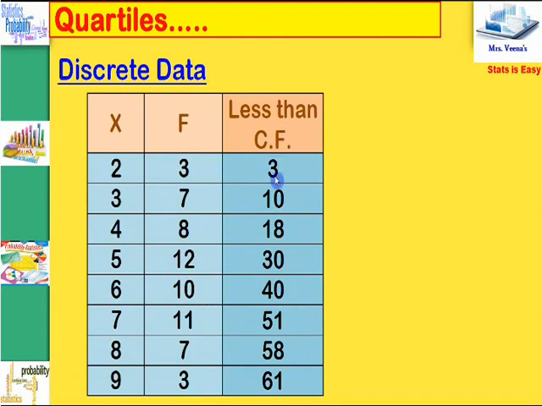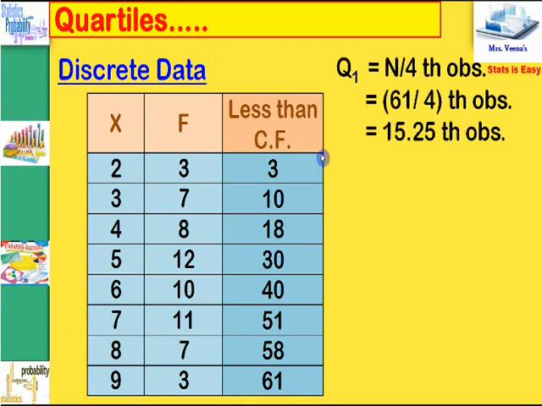Write 3 as it is, 3 plus 7 is 10, 10 plus 8 is 18 and so on. Now Q1 is equal to n by 4 th observation. n is the total frequency, which is 61, divided by 4 is 15.25.